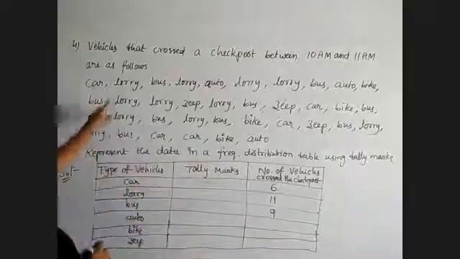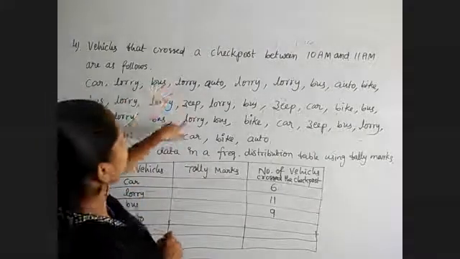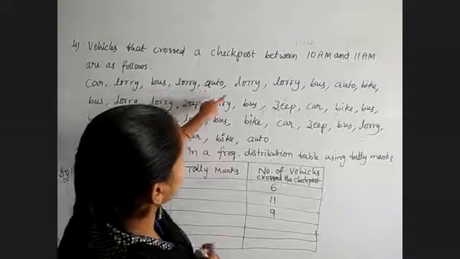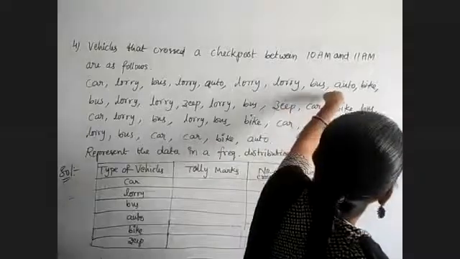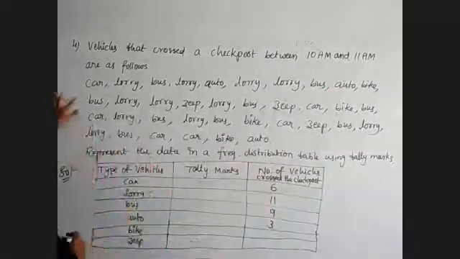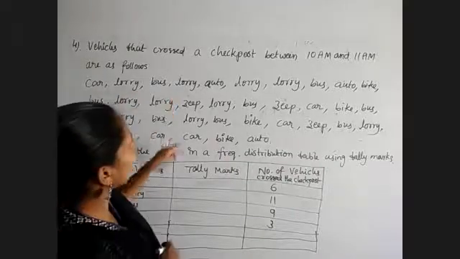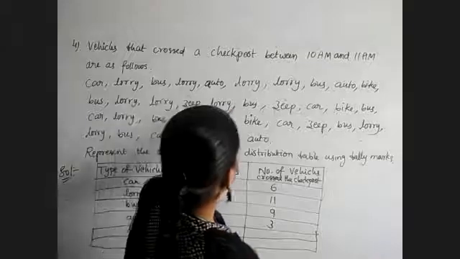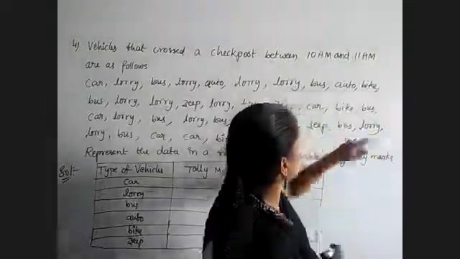Auto 1, 2, 3, only 3. Next, bike 1, 2, 3, 4.